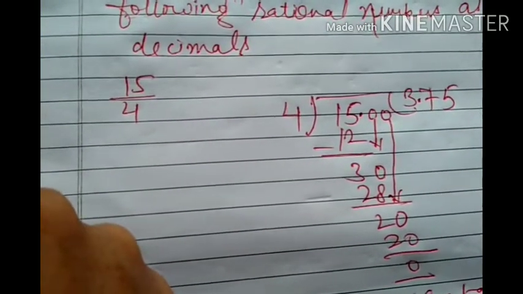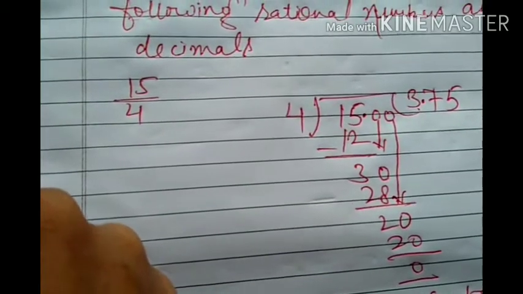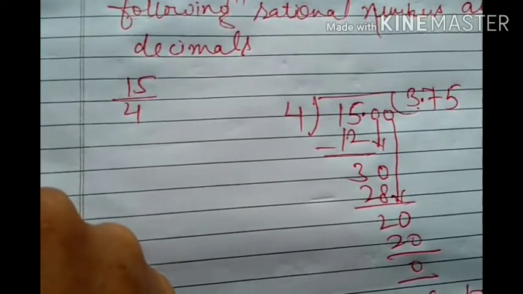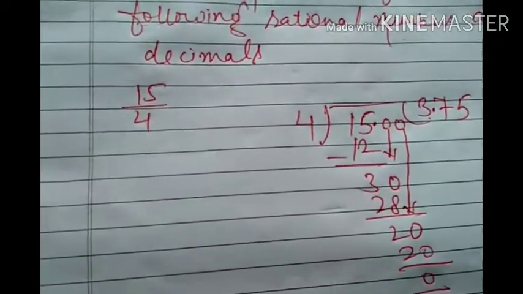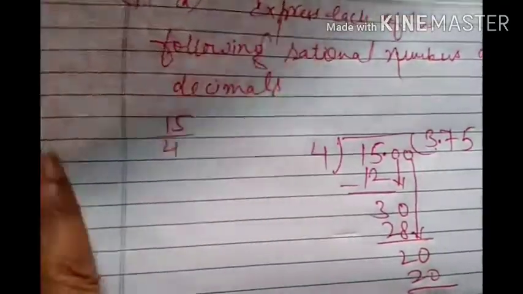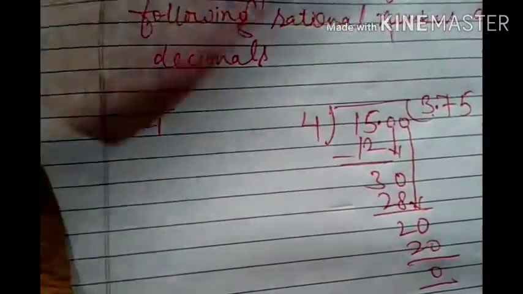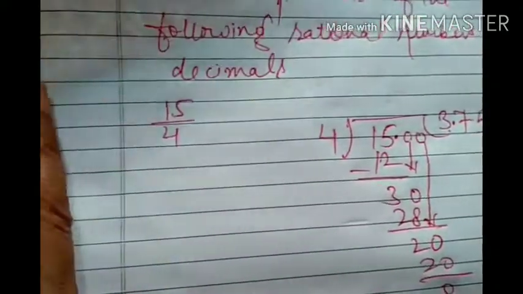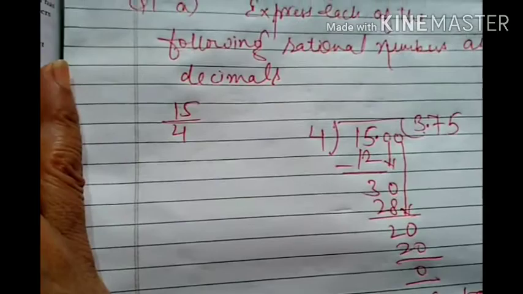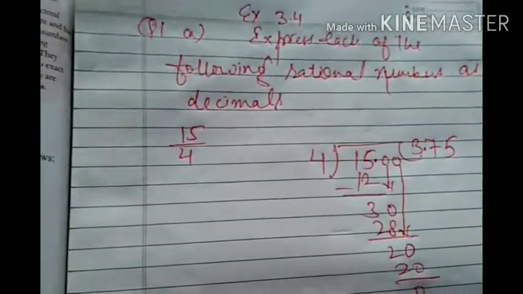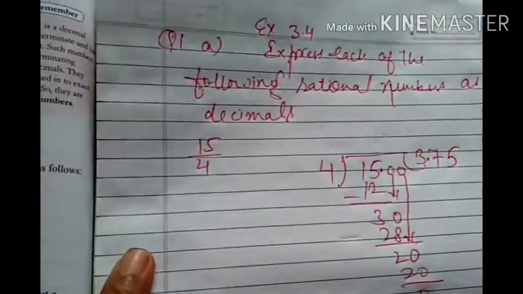This type of decimal is called a terminating decimal, because we are getting remainder as 0. And how do we write this in decimal form? 15 upon 4 will be equal to 3.75. In this way you will solve the questions of exercise 3.4.